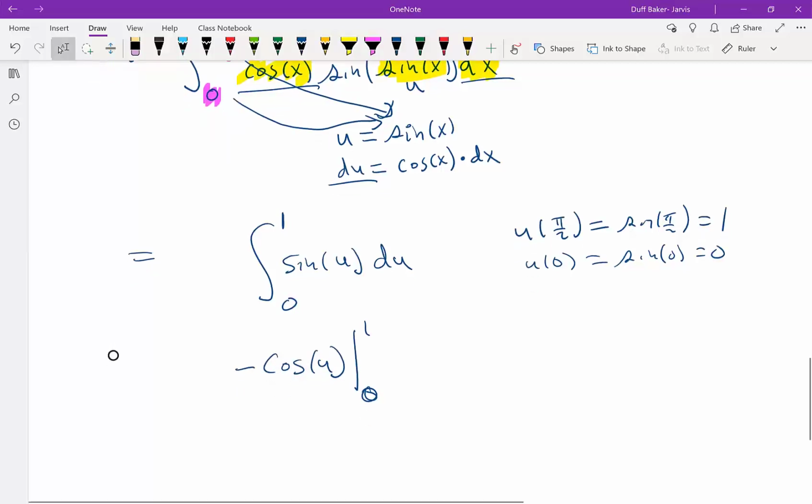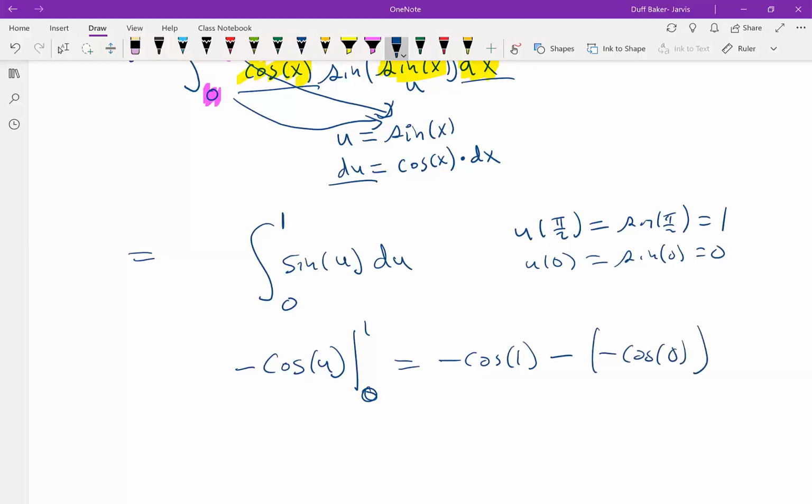That would be minus cosine of 1 minus negative cosine of 0. So what do you get? You get 1 minus cosine of 1. Cosine of 1 is not a nice number. It's some irrational number.